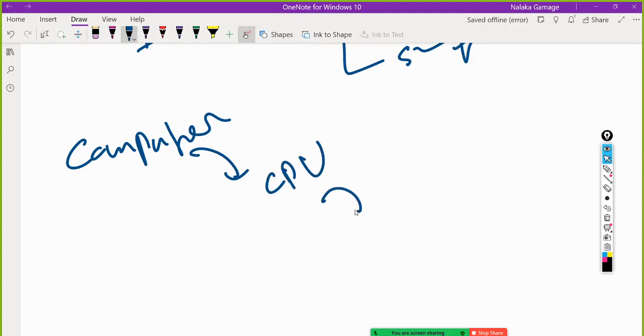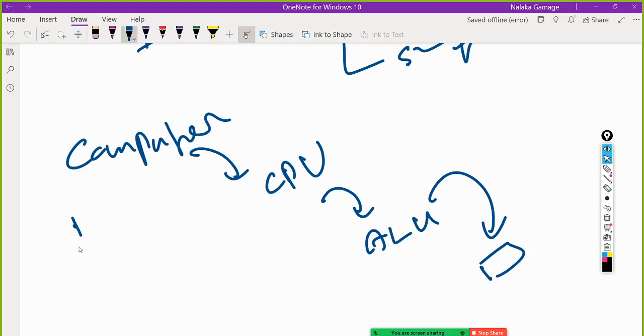Then when we dig into that, we found that it is actually done by your ALU, right? So now you have to dig into that further and tell me, which device in your ALU does these AND operations? How do you call that device?